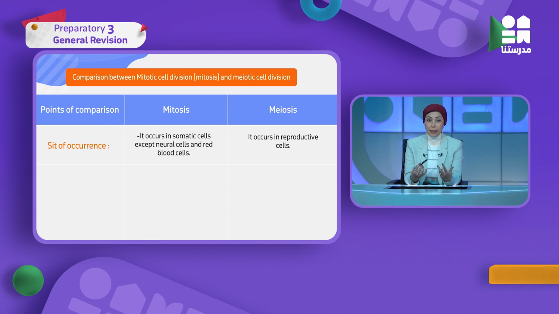Let's memorize together. Start to think and answer before I tell you the answer. The next point of comparison is the importance of both. What is the importance of mitosis? Number one, it helps in the growth of living organisms. Number two, it compensates the damaged cells. I said before, what's meant by compensation?